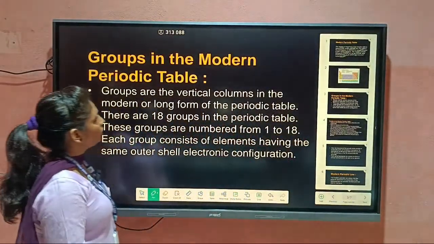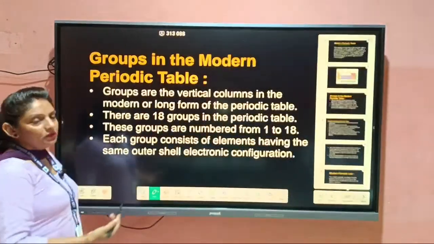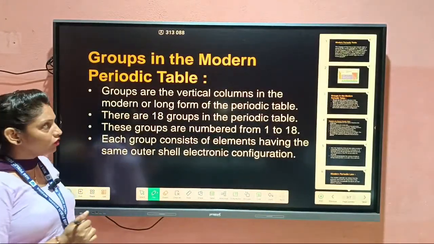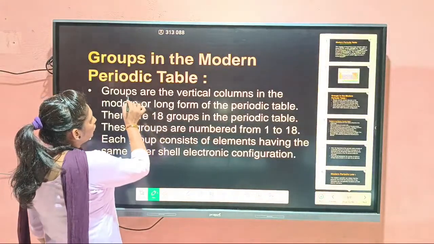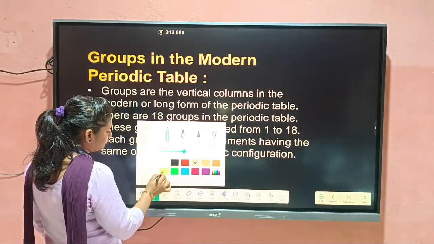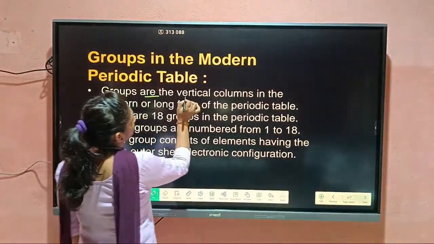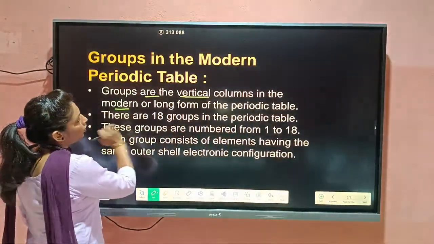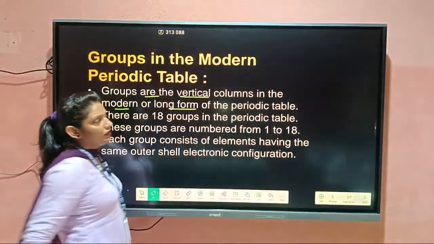Group in the modern periodic table: what do we mean by the group? We have already discussed that the vertical columns are known as the groups. So groups are the vertical columns in the modern or long form of the periodic table.